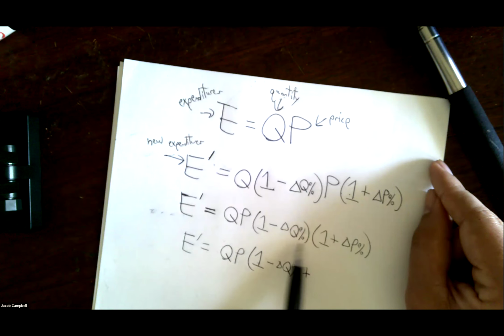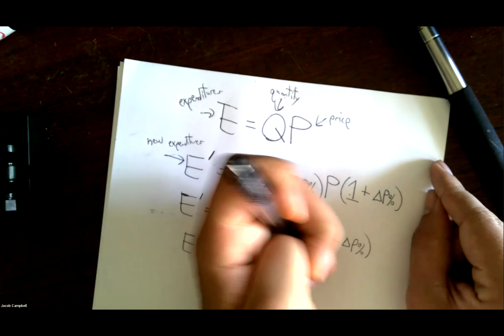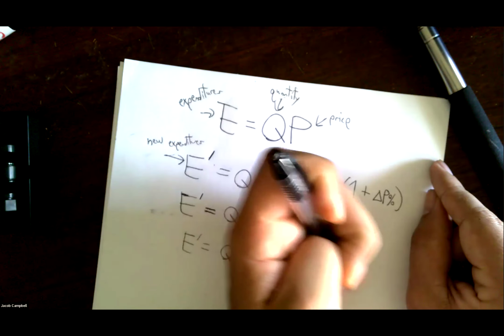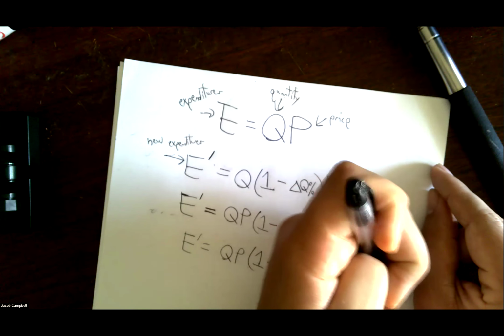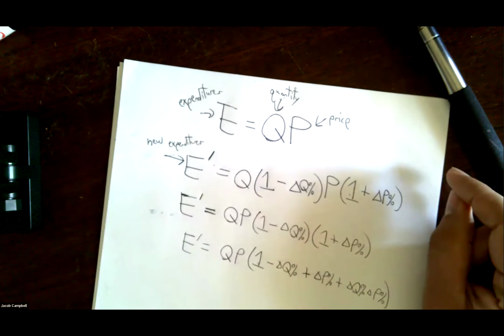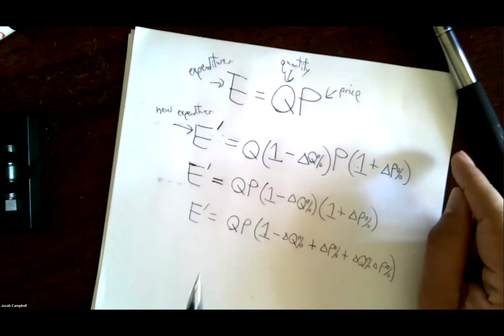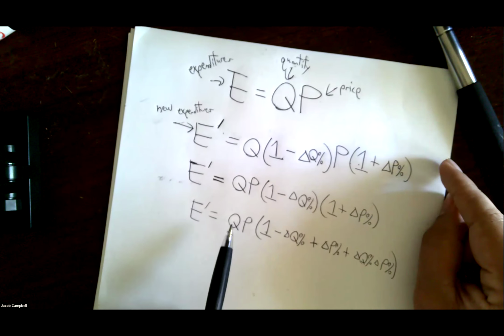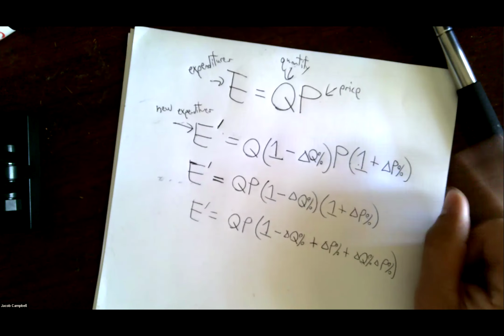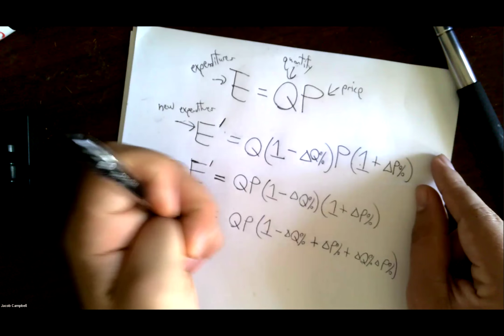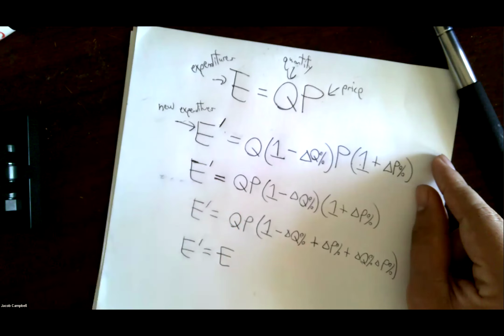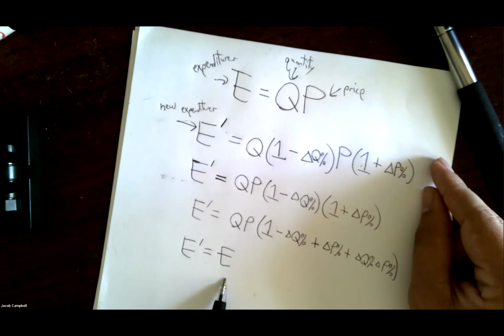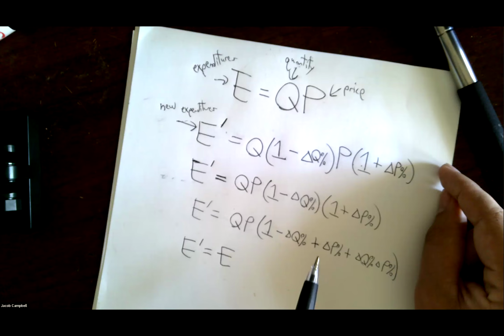Just making sure I have every step. And then note that that QP was equal to the old expenditure level. So the new expenditure level is going to be the old expenditure level times this big thing.